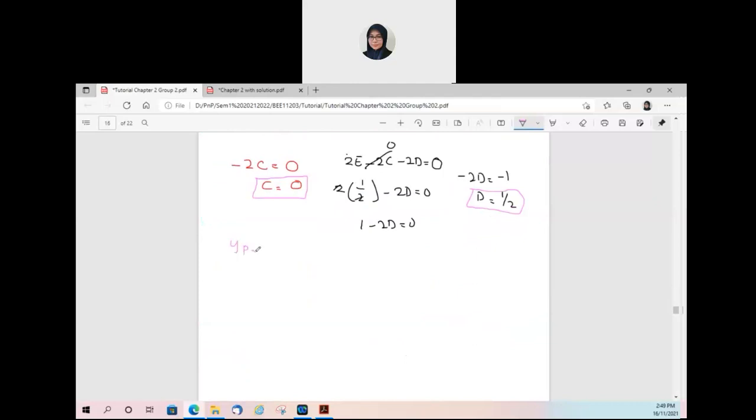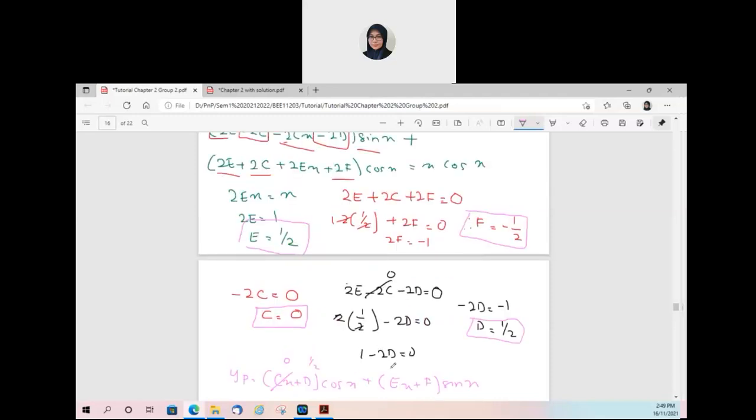Then our YP will be, general equationnya adalah CX plus D cos X plus EX plus F sin X. Betul? Okay, then you masukkan nilai ni. C, you masukkan kosong. So this one 0. D is 1 over 2. E is 1 over 2.